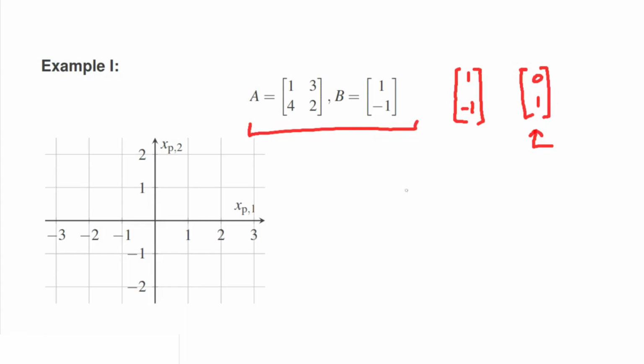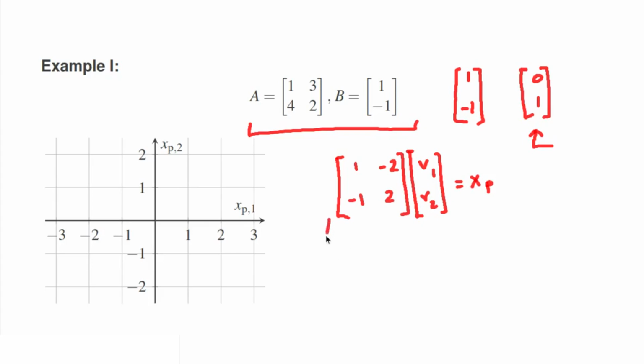Since the A and B matrices are the same, the controllability matrix will also be the same. When we computed this earlier, we found that it was given by the matrix with entries 1, -1, -2, and 2. The state space model will then be controllable if we can solve the system of equations Mv is equal to xp for every single point xp in our state space.